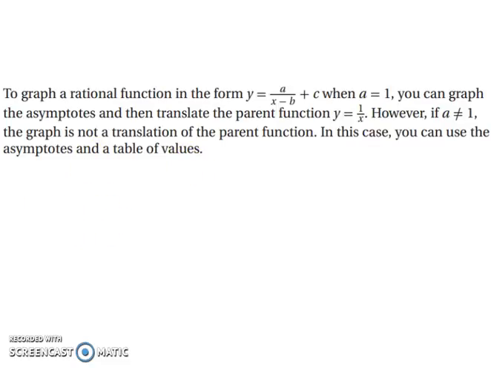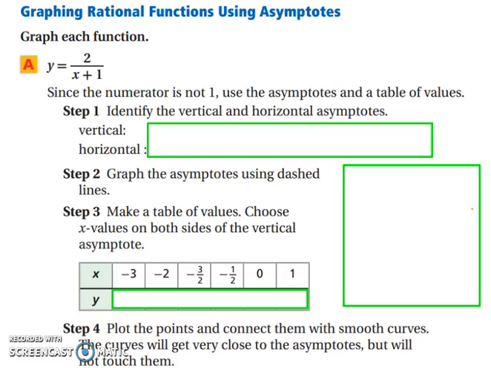Let's practice. Okay, so we have y equals 2 divided by x plus 1. Since the numerator is not 1, use the asymptotes and a table of values to graph this. So let's start with our asymptotes, because that gives us a good idea of where our graph ends up locating.